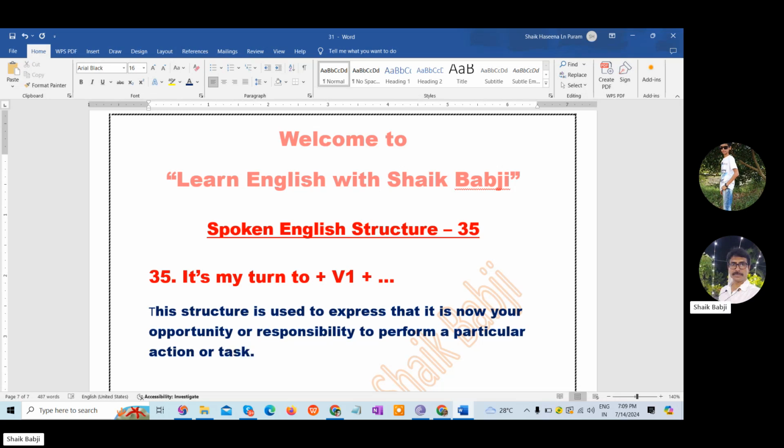So, what is the structure? The structure is used to express what? It is now your opportunity or responsibility to perform a particular action or task.